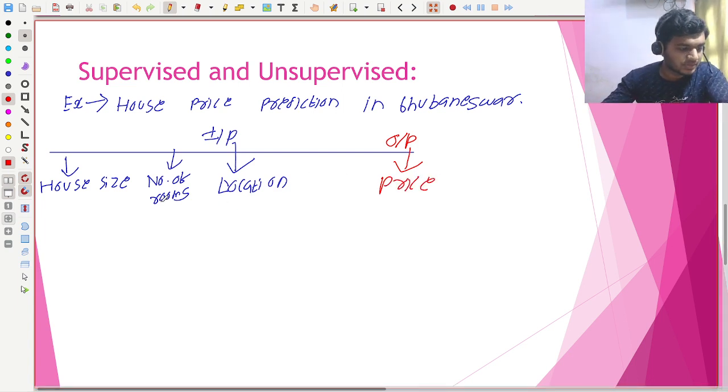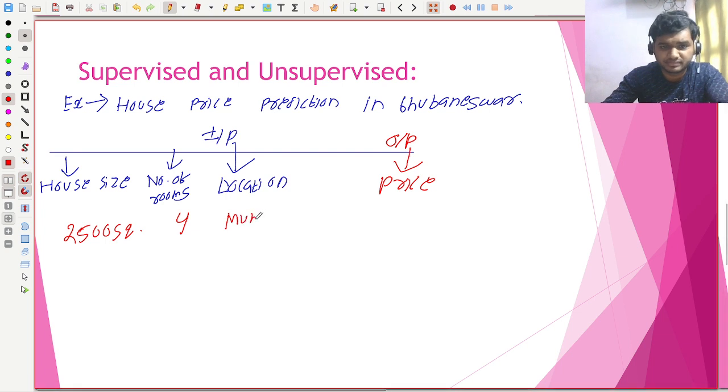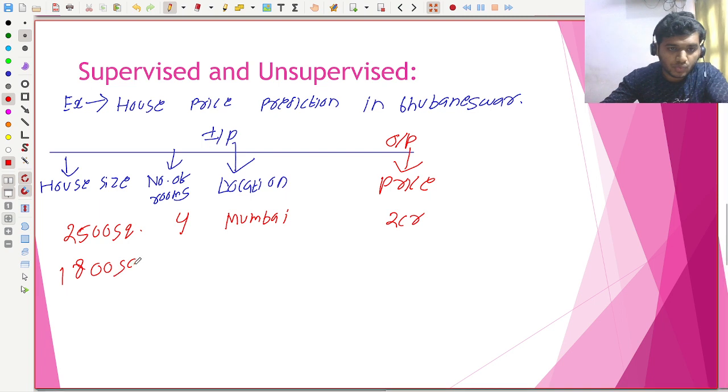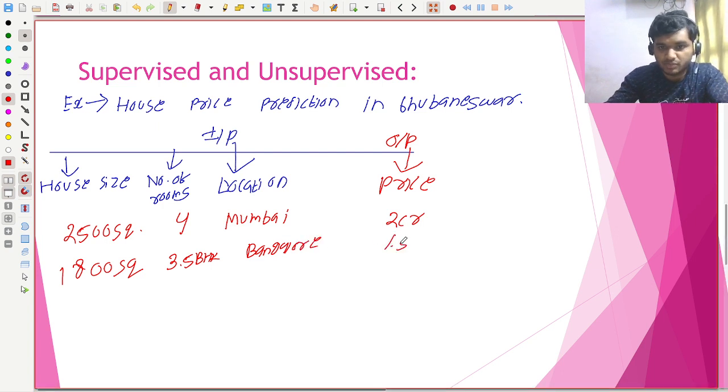Suppose house size is 2500 square foot, the number of rooms is 4, location is Mumbai, and price is 2 crore. It is an example. If house size is 1800 square foot, number of rooms is 3, 5 BHK, location is Bangalore, then price is 1.5 crore.